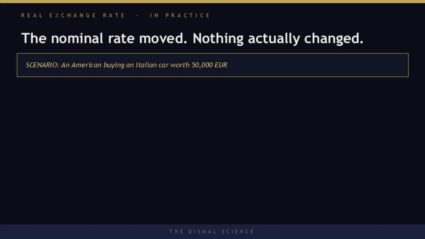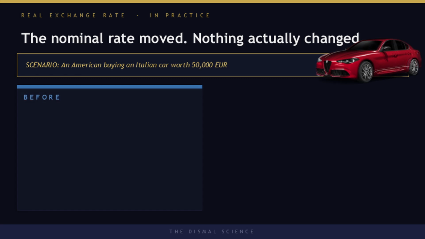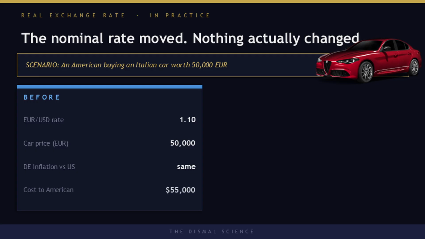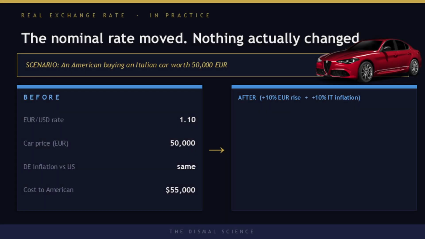Let's imagine we're an American wanting to buy an Italian car priced at 50,000 euros. So in our current scenario, the exchange rate is 1.10, the car price is 50,000 euros, the inflation is the same, and the cost to an American is 55,000 US dollars. So on paper, the car just got 10% more expensive for you.